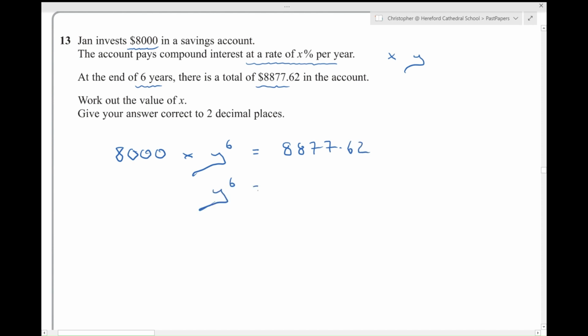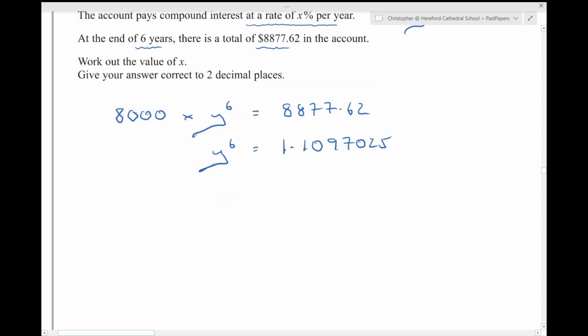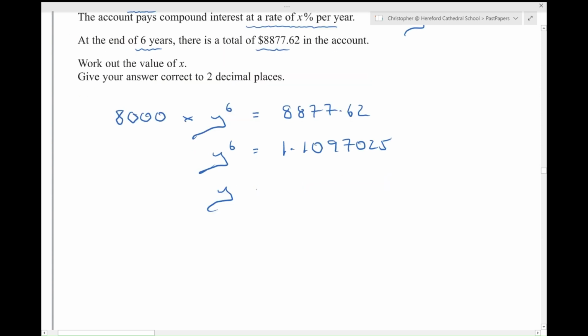And now I know what my multiplier to the power of 6 equals. I'm just going to write down all the digits on my calculator here. That is my multiplier to the power of 6. Find the sixth root of that. Tells you that my multiplier is 1.017500022.